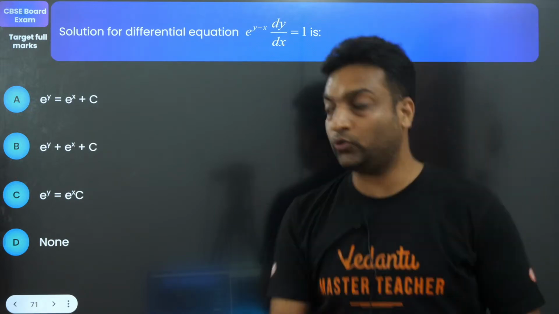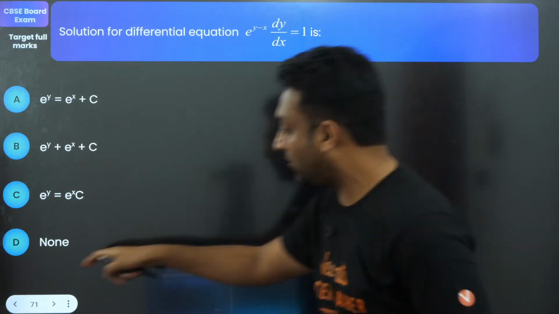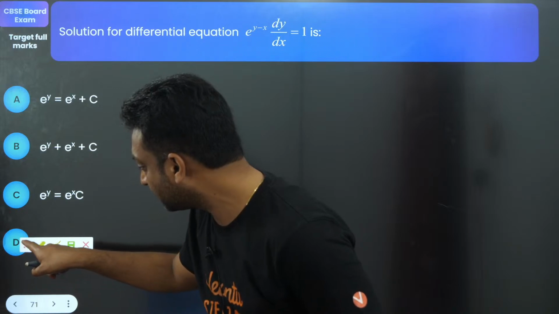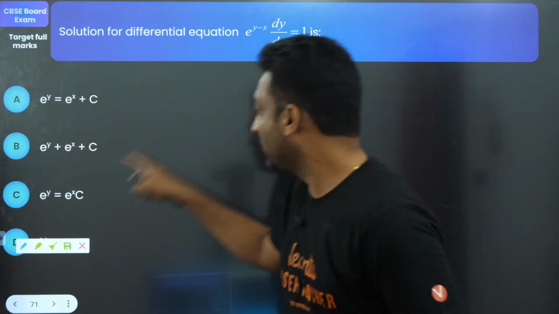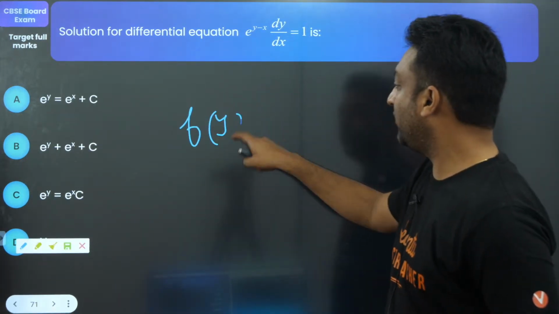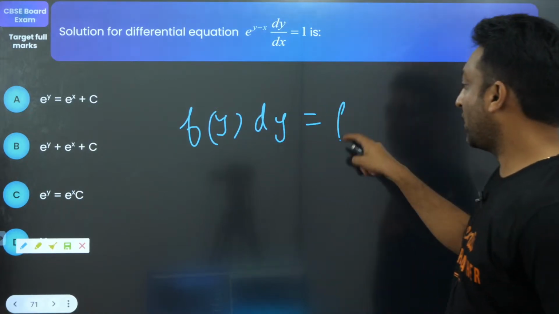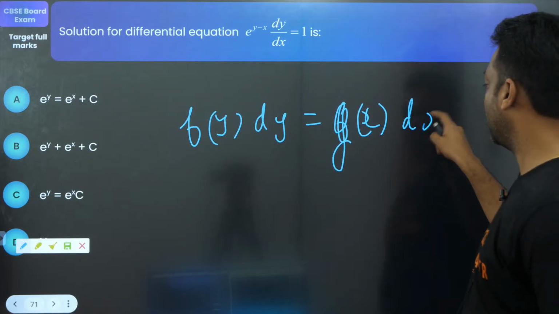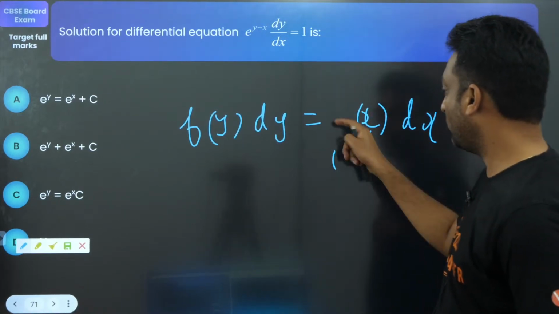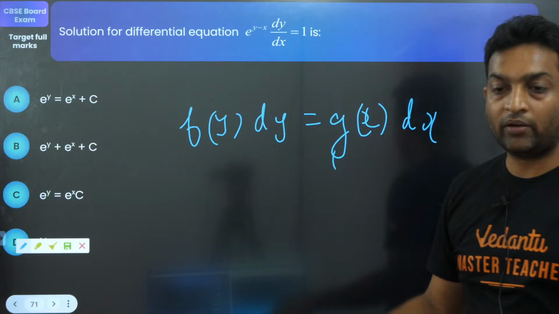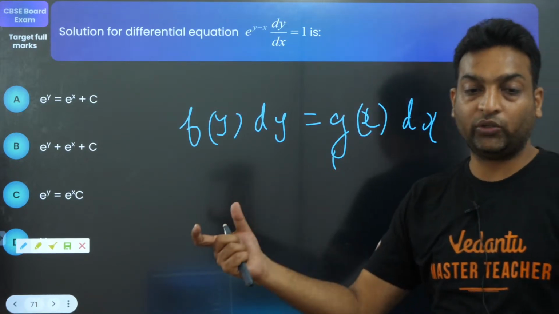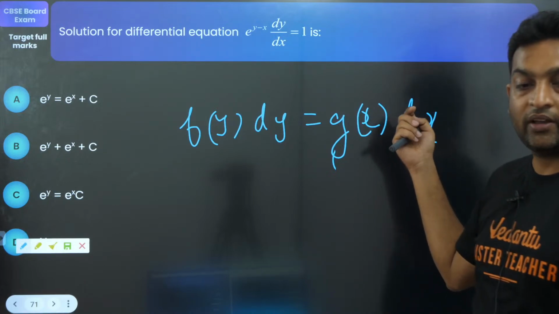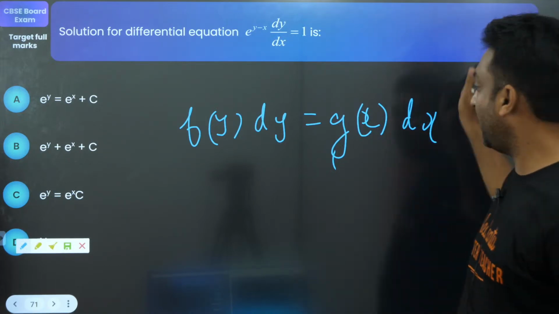So what we have to do here is make a function of y into dy equals a function of x into dx. This is what you have to make. Now, simple variable separable, then integrate.